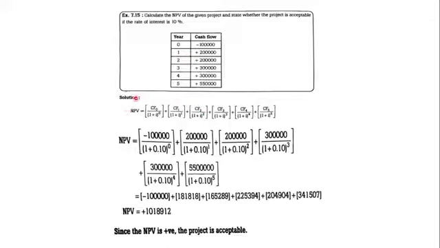Now we have to calculate the net present value. Simply put the values into our formula.